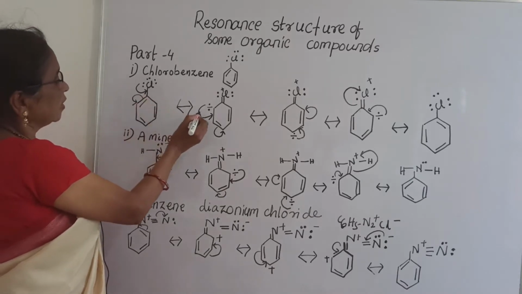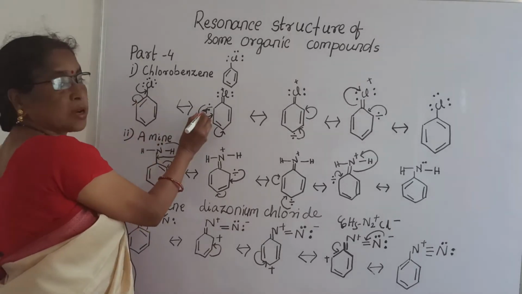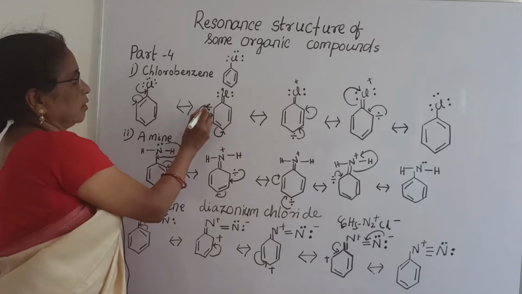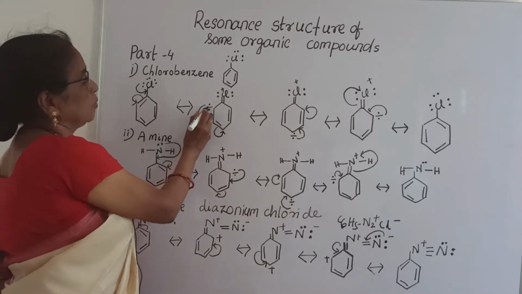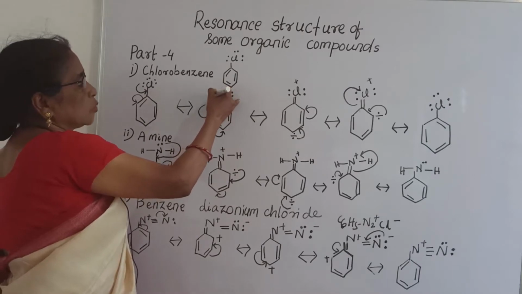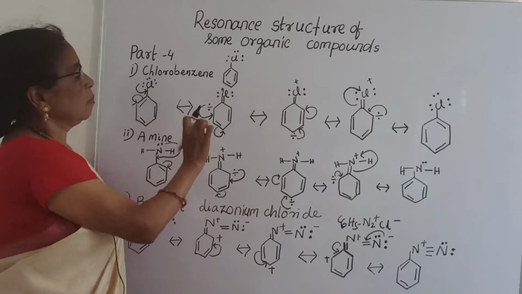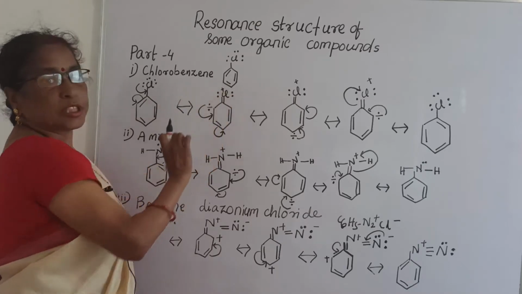Now what happened here: since it delocalized to this carbon, that is why it acquires a pair of electrons with a negative charge, and since the pair of electrons is localized to here, that is why it acquires a double bond having chlorine positive charge.